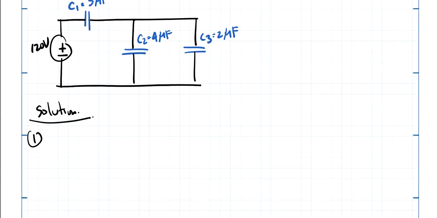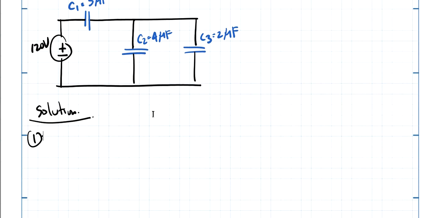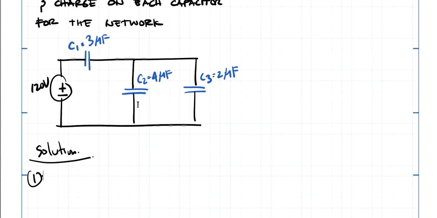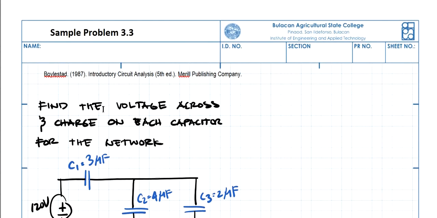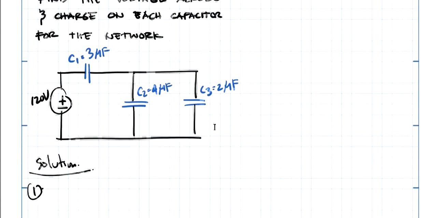First, if we analyze this, C1, C2, and C3 are all given, so we can solve for the equivalent capacitance, and then work our way back to find the voltage across and charge on each capacitor, the individual voltages and charges.